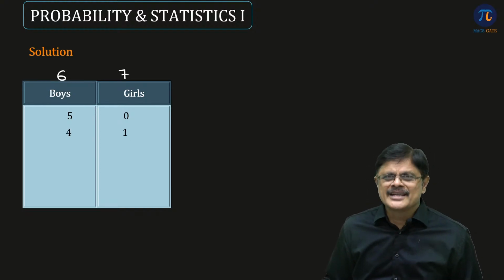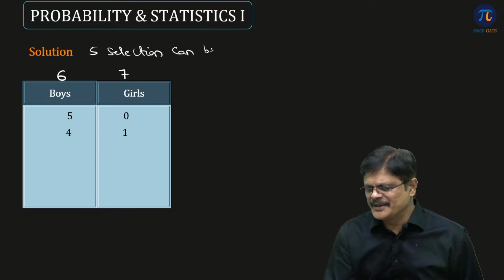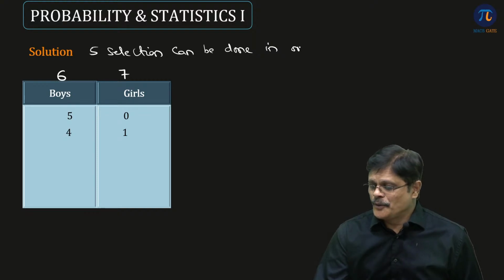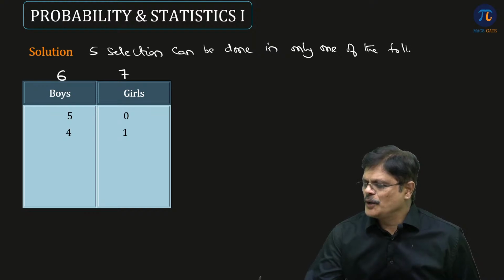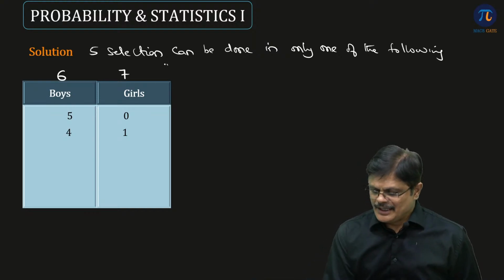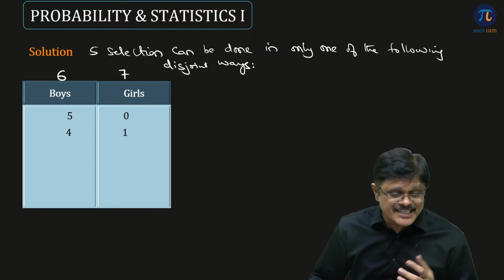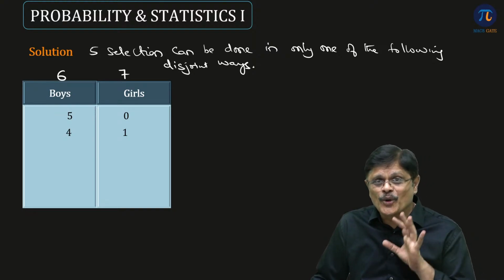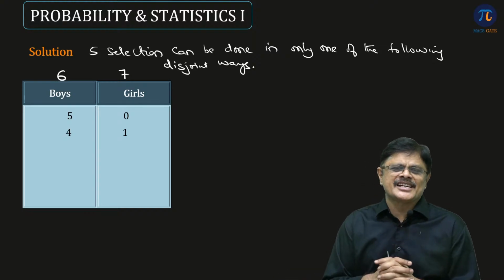The 5 selection can be done in only one of the following, I clearly say, disjoint ways. The 5 selection which I make can happen only in one of the following ways which I am showing.